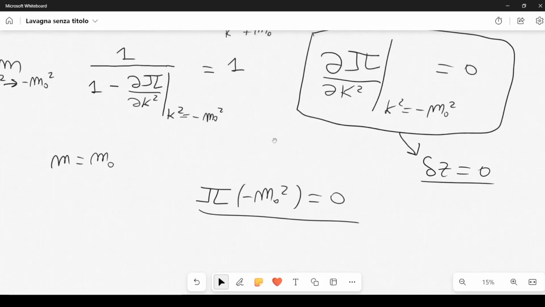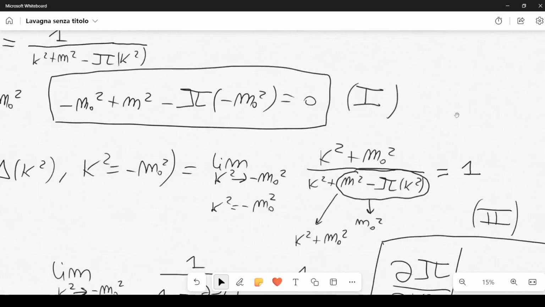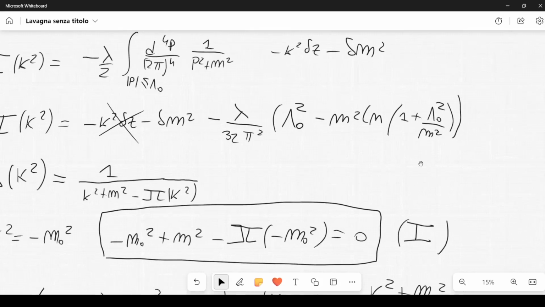And condition 2, which is this one, gives us the following. So in particular, you simply have to remember this expression. We know that now we have set delta z equal to 0, so you don't have that term anymore. And remember that we have chosen our theory in such a way that m is equal to m0, so it is the observed mass here and here.